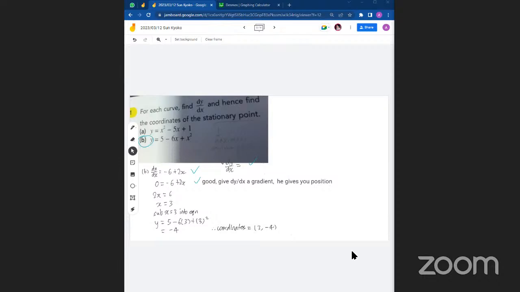Okay, Kyoko, you can check the answer key if you're correct. Good job for your first one.